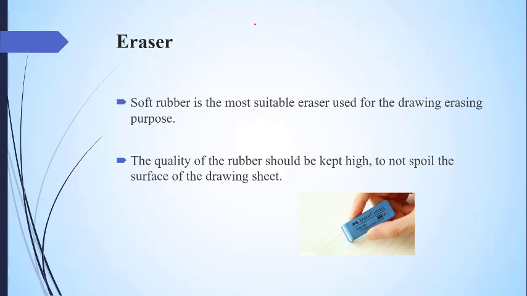Eraser. Soft rubber is the most suitable eraser used for drawing erasing purposes. The quality of the rubber should be kept high so as not to spoil the surface of the drawing sheet. Often we see that a common rubber, when used for erasing drawings, tears and breaks the paper.